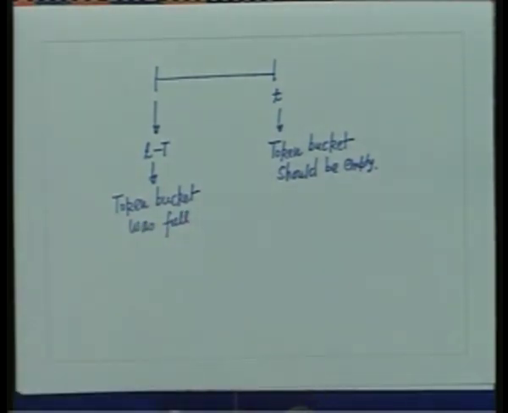So if a bit is leaving the other FIFO controller earlier for the first time at t, and this same bit has not left the token bucket regulator, that means the token bucket is empty at time t. So let us assume at time t minus capital T the token bucket is full.